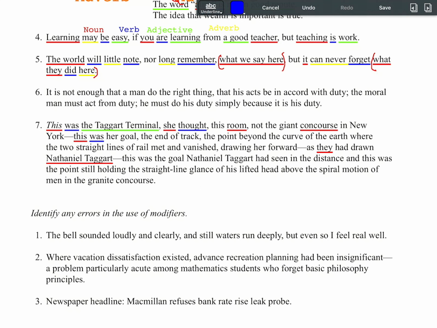The end of the track. The point beyond the curve of the earth where the drawing here for. "Drawing" is a verb. Or no, it's a verbal. Undo. As they had drawn. "Had drawn" is a verb phrase. Had seen.